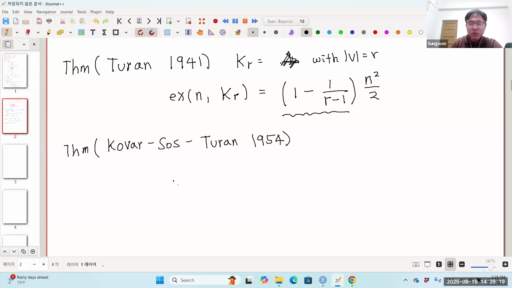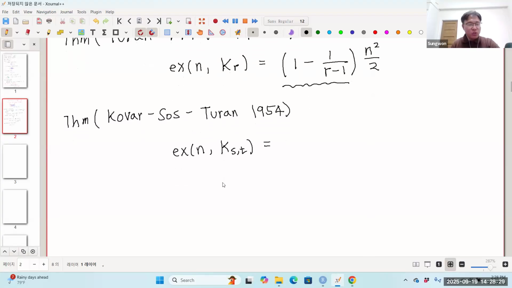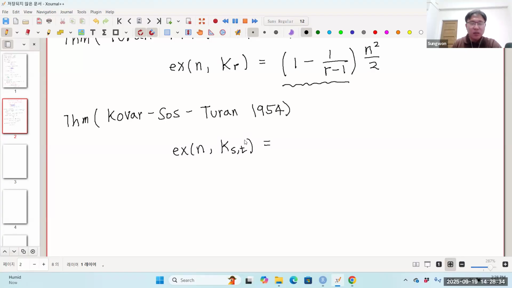They found the extremal number of the complete bipartite K_{s,t}. So this is the number of maximum edges without this complete bipartite graph. It was, I'm going to write O here, n to the 2 minus 1 over s.